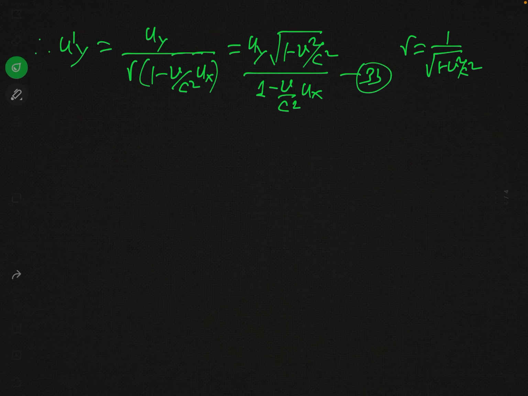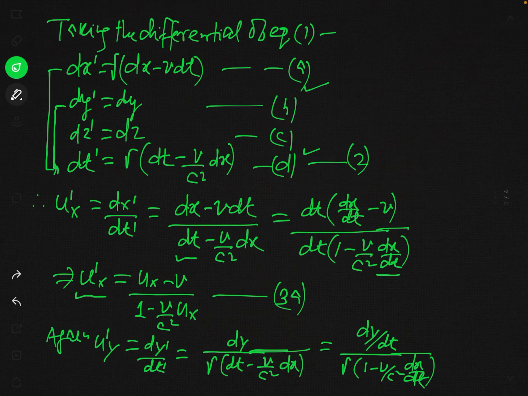And as you can see from the Lorentz transformation, the equations for dy prime and dz prime are completely identical. So if we write the expression for u prime z, a similar result as in the case of y prime will be obtained again.